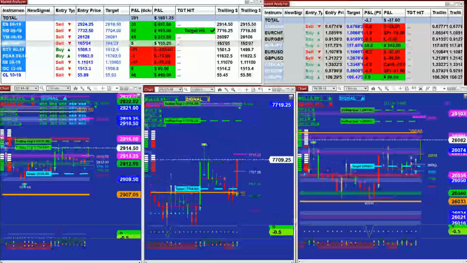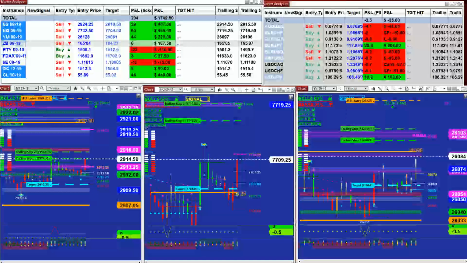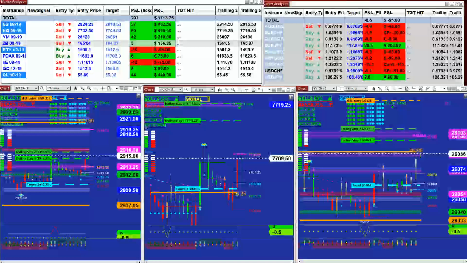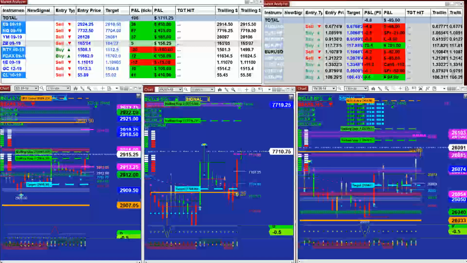And as you see, when the charts are blinking, this means the buyers are on the move. And now we are about to get a new buy signal on the ES. And you can see they're trying to lift that market to a safe area.